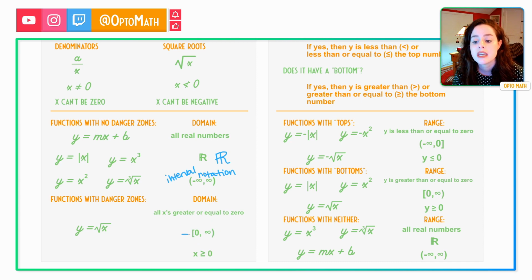Now, this bracket, when it's squared off, it's a square bracket, and this is a parentheses, or parenthesis, if you're just doing it with one and not plural. The bracket means you're including the number.